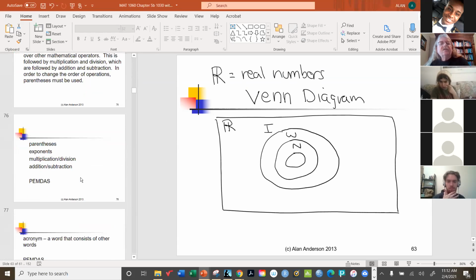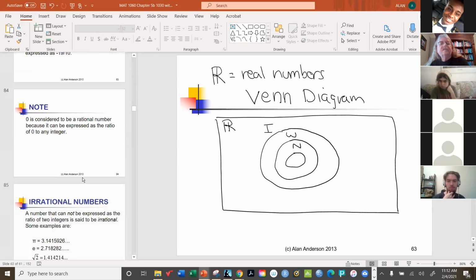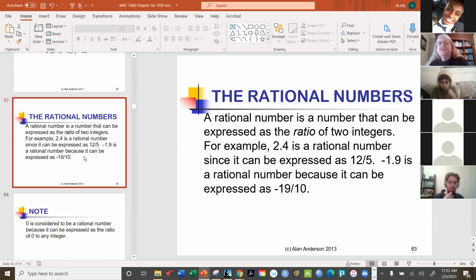So we're going to start out by introducing this concept of rational numbers. And hiding within that word rational, you see the word ratio, which should give you a hint as to where we're heading with this. A rational number is any number that can be expressed as the ratio of two integers.